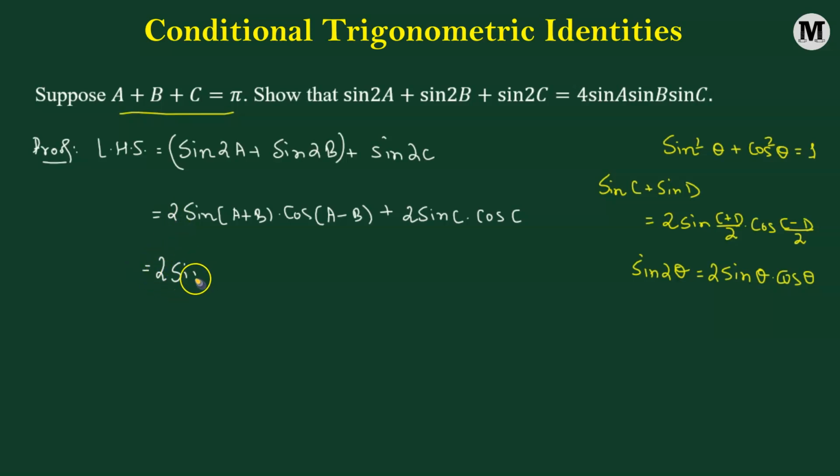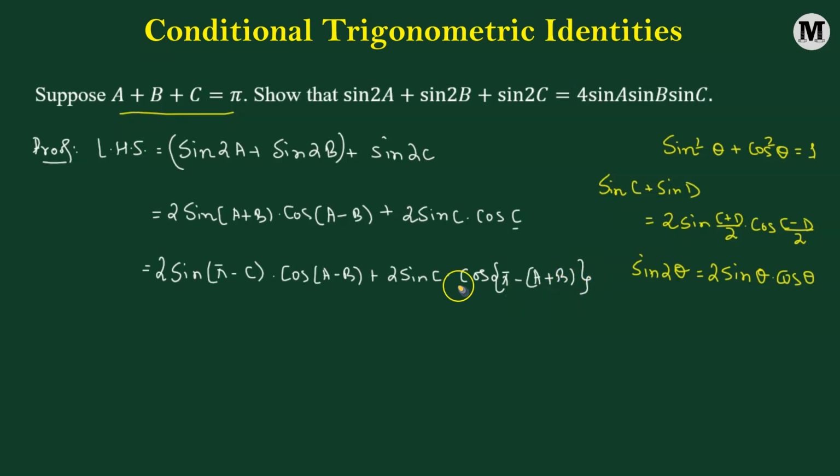We have 2 times sine of, instead of A plus B, we replace it with pi minus C, multiplied by cosine of (A minus B), plus 2 times sine of angle C multiplied by cosine of, where we have angle C, we rewrite it as pi minus (A plus B).